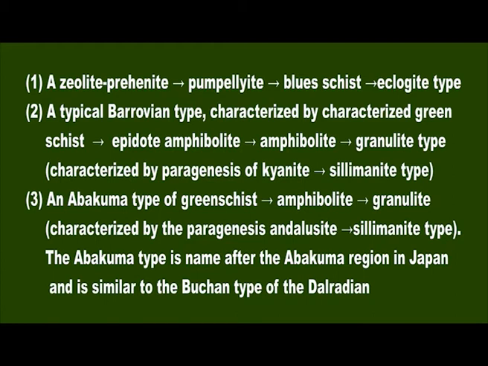A zeolite, prehnite, pumpellyite, blueschist, eclogite type; second, a typical Barrovian type characterized by greenschist, epidote amphibolite, amphibolite and granulite type characterized by paragenesis of kyanite sillimanite type; and third, an Abukuma type of greenschist, amphibolite, granulite characterized by the paragenesis of andalusite sillimanite type.